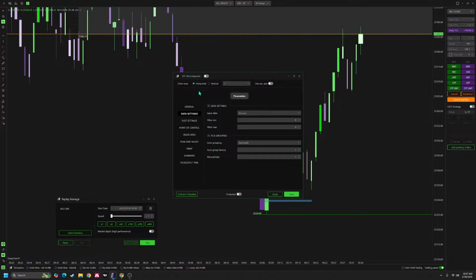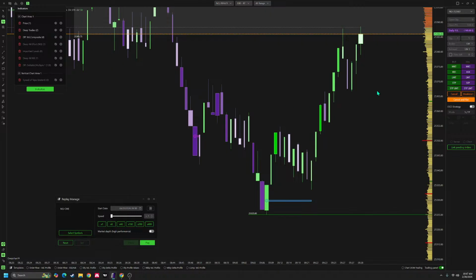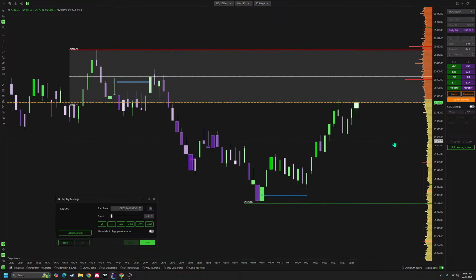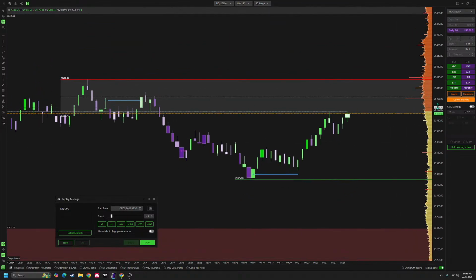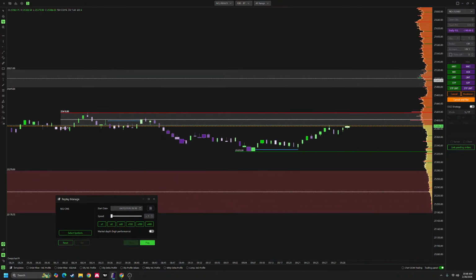And it's going to base it off the entire chart, so 10 days. And it'll just put us in a profile. And interestingly enough, this is also the value area low for the 10 days. So we're fighting to push back into the 10-day value area.